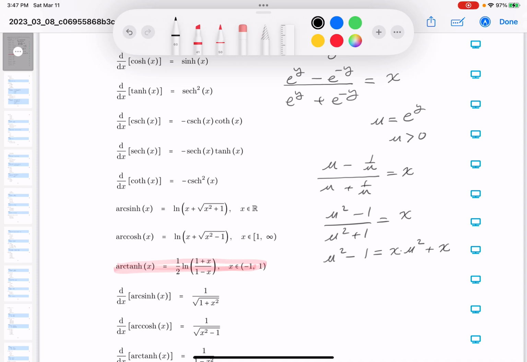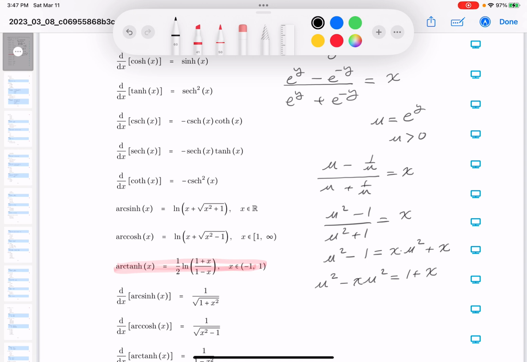All right, let's write this down carefully. Let's see what I want to do here. I guess we could pull this out, right? So I'll do u squared minus x u squared is equal to 1 plus x.